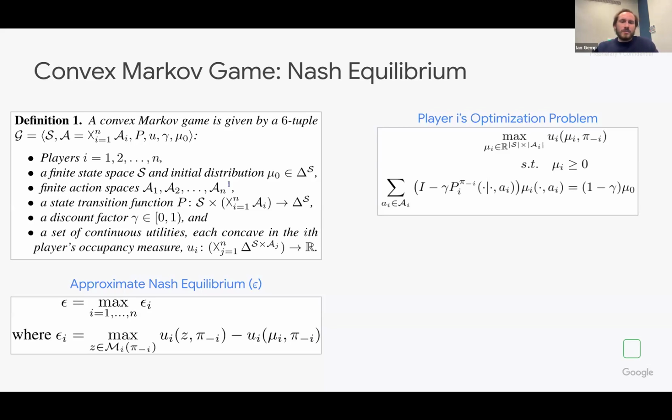An equilibrium in terms of occupancy measures would mean that all other players hold their occupancy measures fixed, and then the focal player, let's say player I, checks to see if they can deviate and gain by switching to a different occupancy measure.